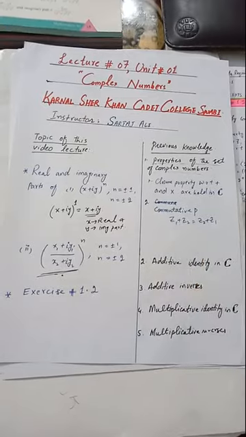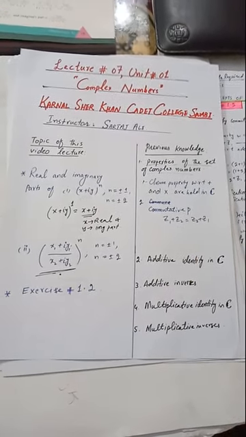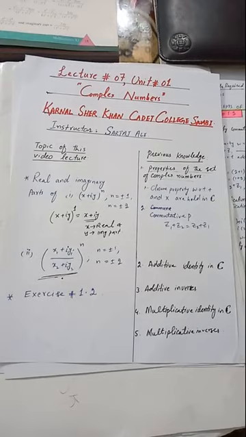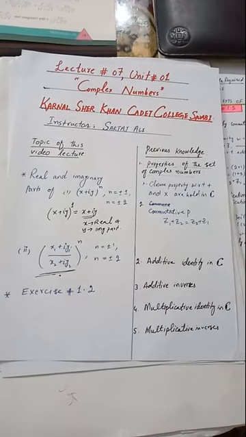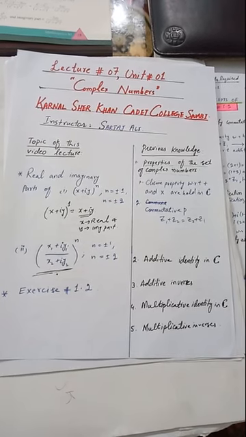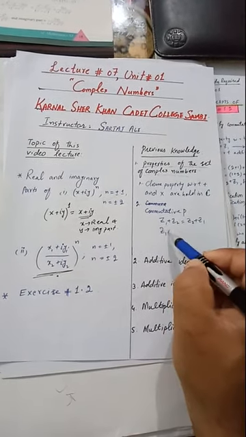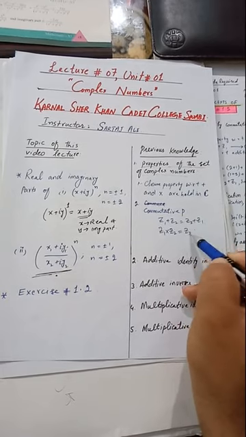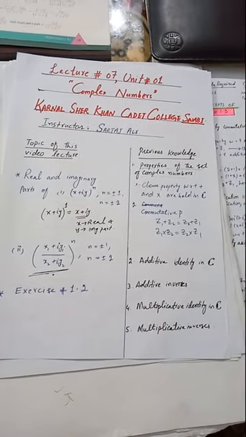If you add z1 with z2 or z2 with z1, you will get the same answer. This is true for all complex numbers. And with respect to multiplication, the commutative property is also true: z1 multiplied by z2 is equal to z2 multiplied by z1. So this is the commutative property.